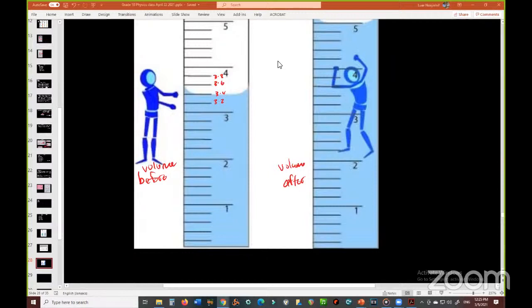All right. So yeah, 3.2, 3.4, 3.6, 3.8, and then that's 4. Everybody see that? Yes, sir. This has to be 3.0 and this will be 4.0. Each time it goes up by 0.2, and that's how you read the scale here. So every measuring cylinder is different.